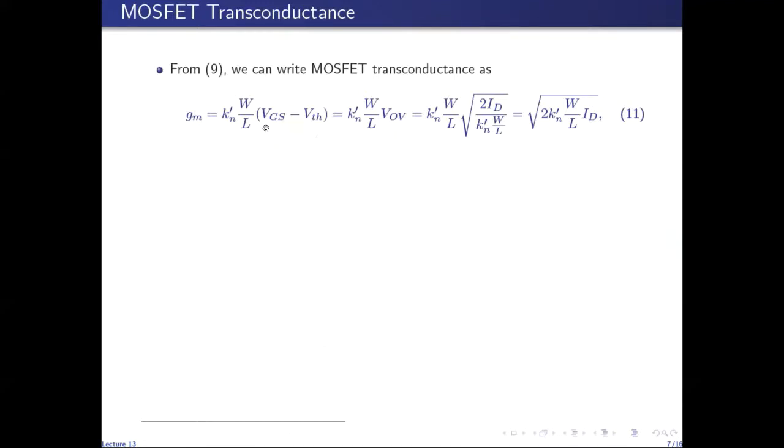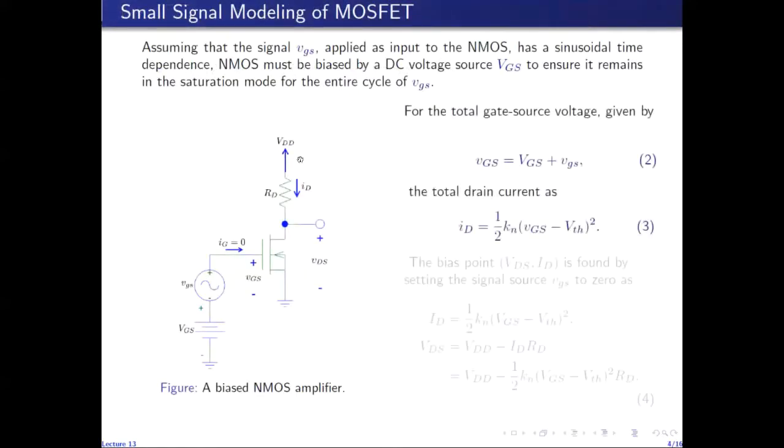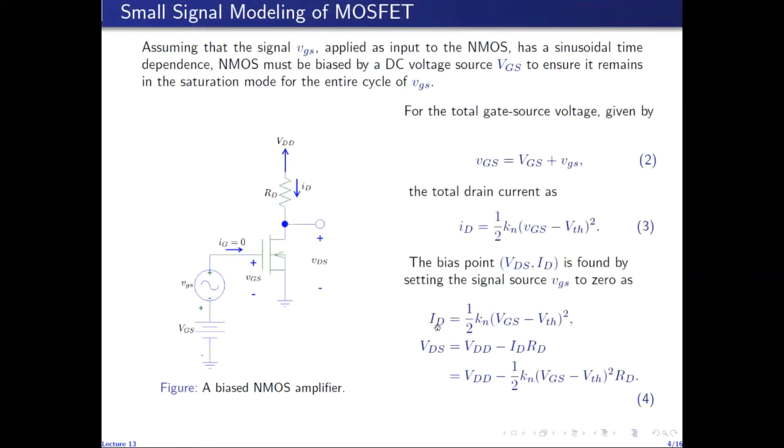Here I've just replaced this capital VGS minus V threshold with capital VOV. So this is the overdrive voltage corresponding to the DC gate to source voltage. So from this equation in 4, we can see that ID is 0.5 times Kn prime W/L times VOV square.